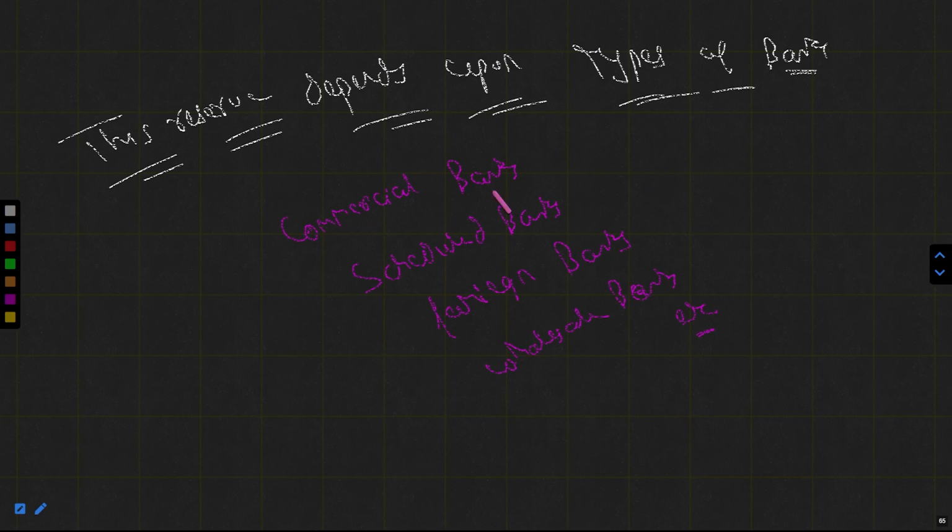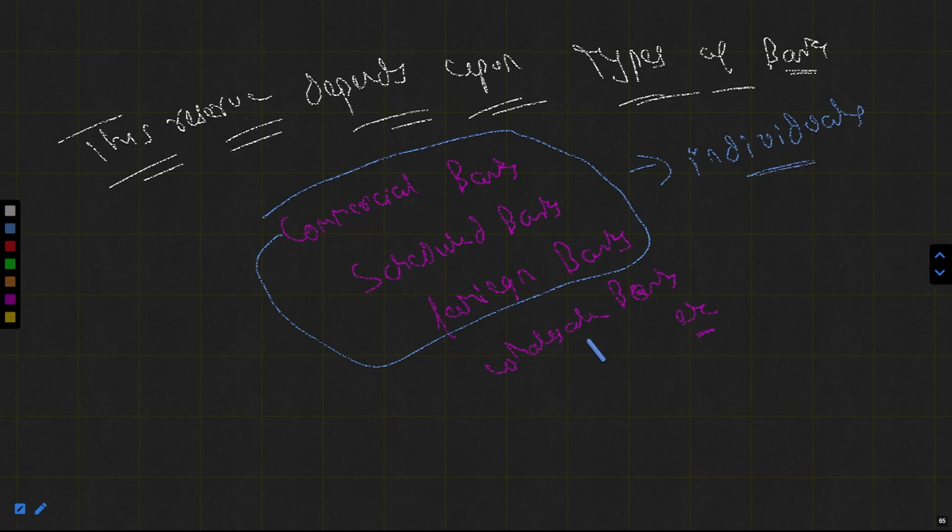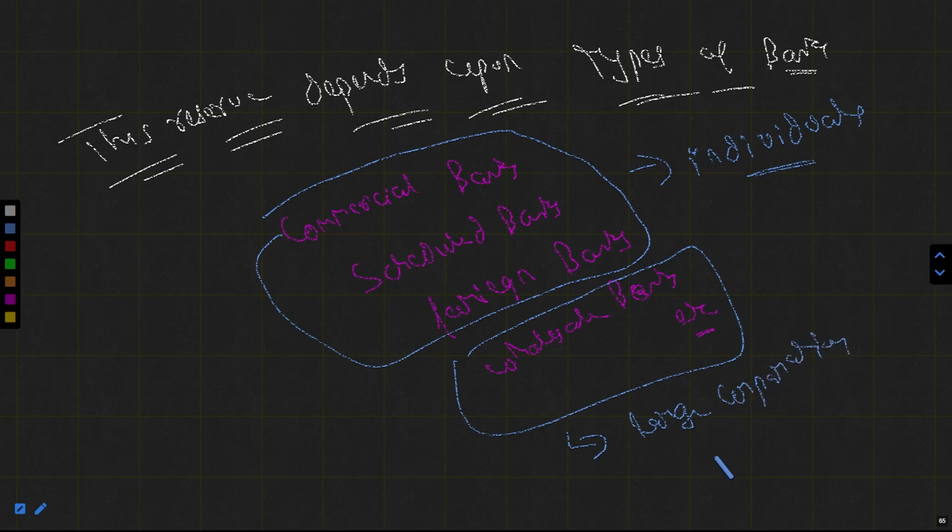Like the foreign banks, or commercial and scheduled banks, generally deal with individuals or small scale businesses. But the wholesale banks basically deal with large corporations and the government. They involve heavy transactions.